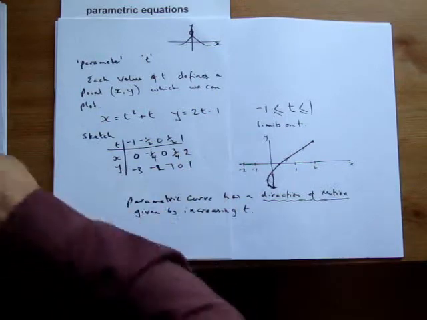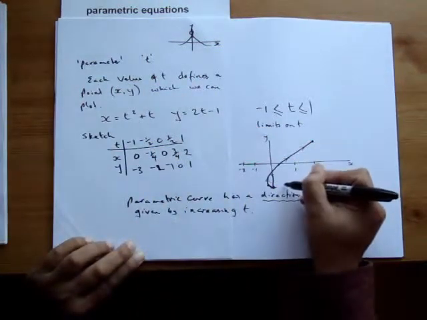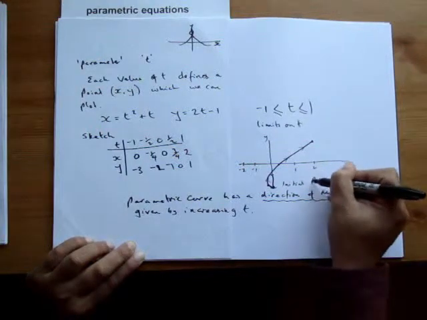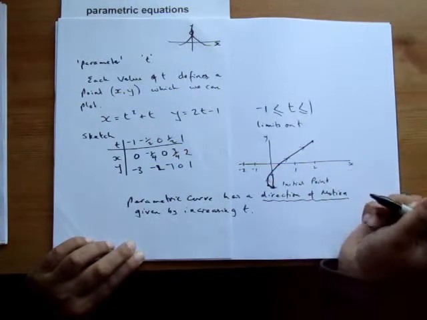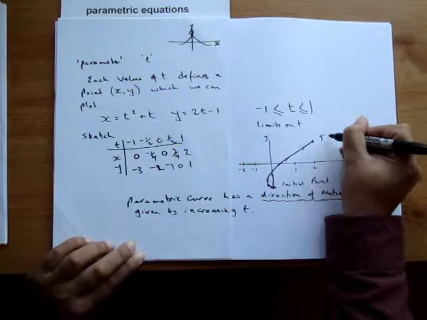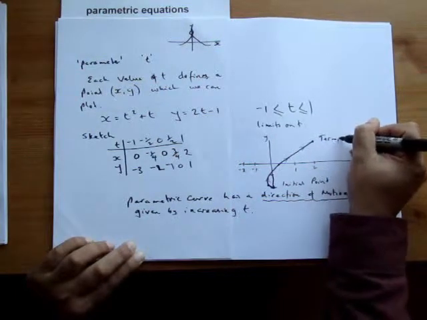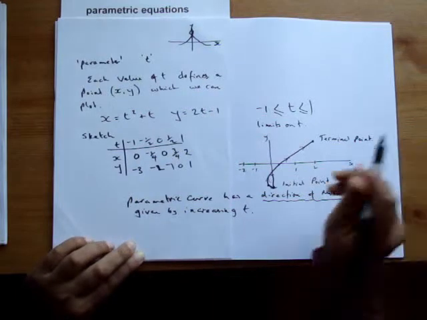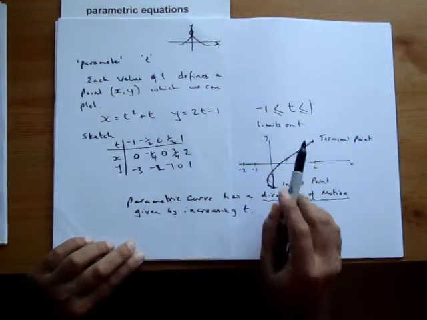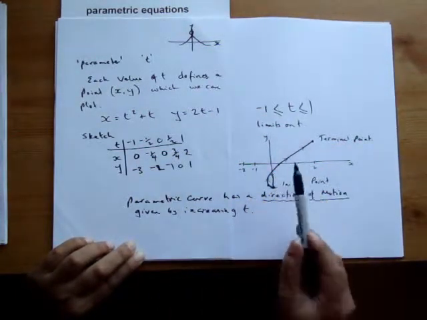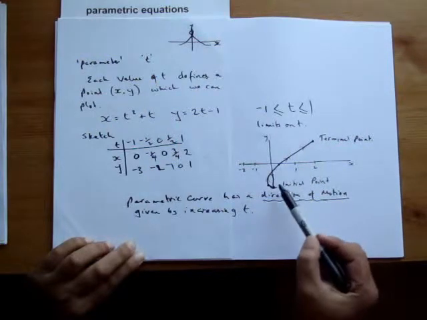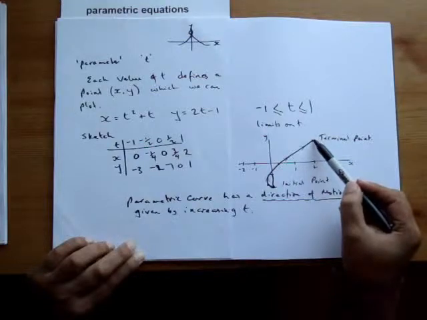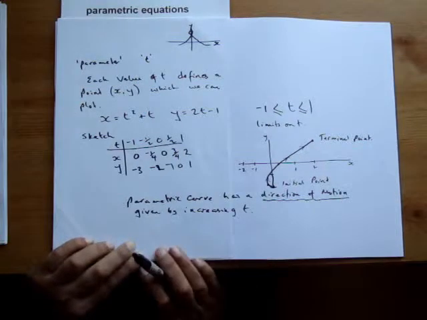Also we have an initial point and we have a terminal point. Where we have limits placed upon t, we cannot go beyond this initial point this way, and we cannot go beyond this terminal point that way.